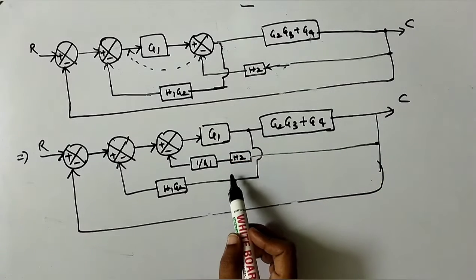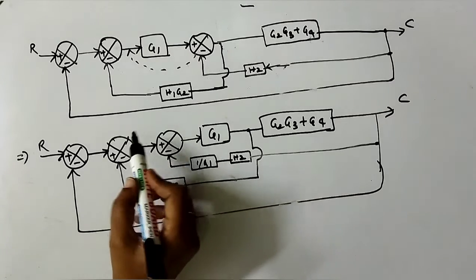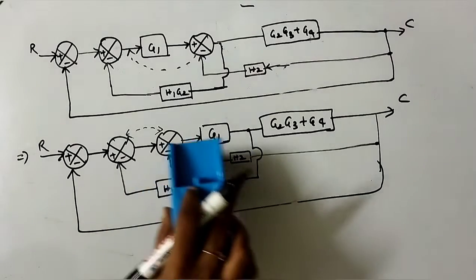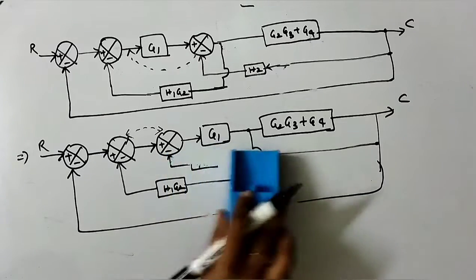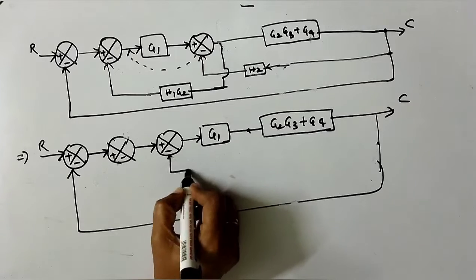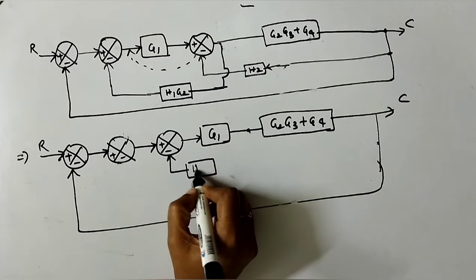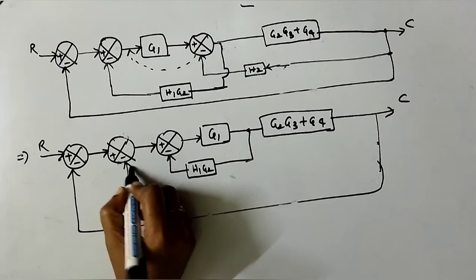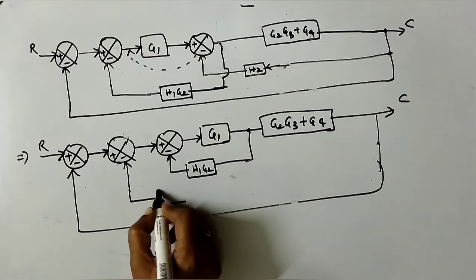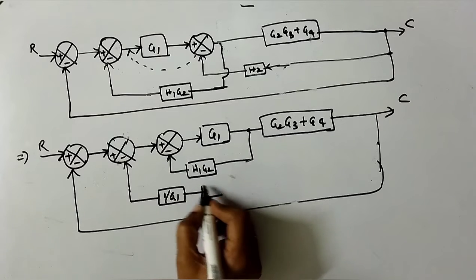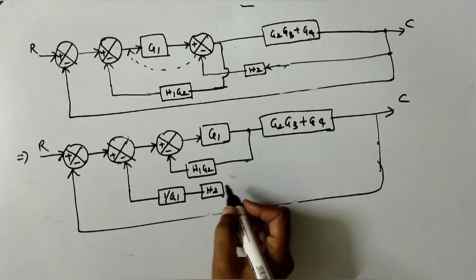Now H1 G2 is as usual. The next task is to interchange these two summing points. Let's see how we can draw this. Then you get G1, which is anyhow the same, H1 G2, and then you get 1 by G1 into H2.